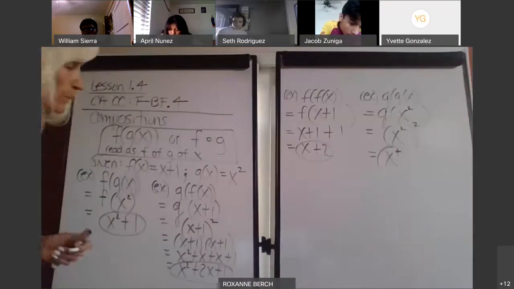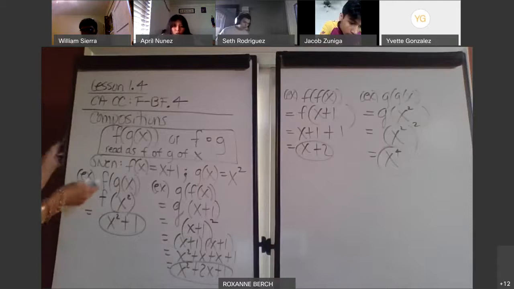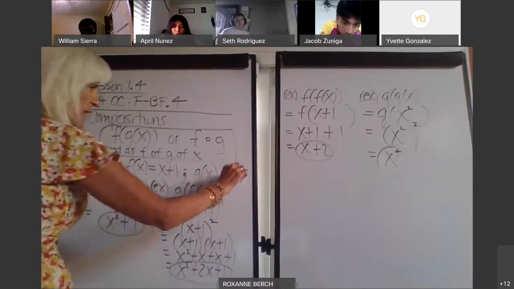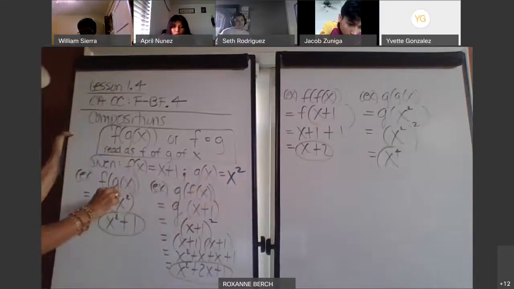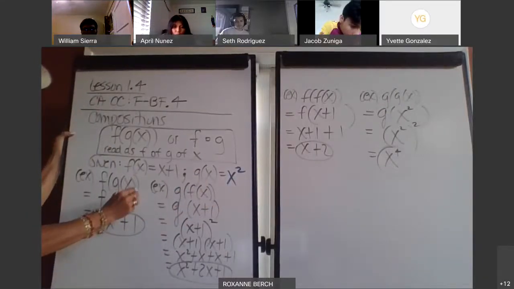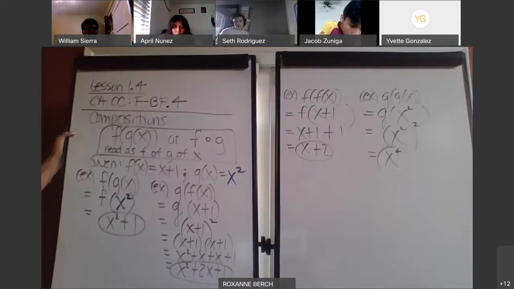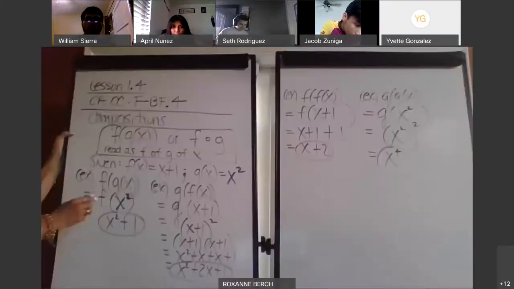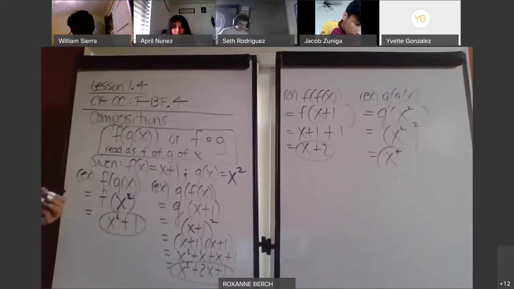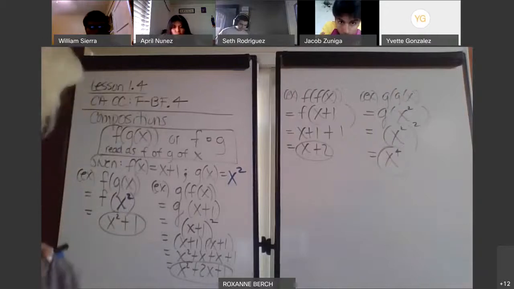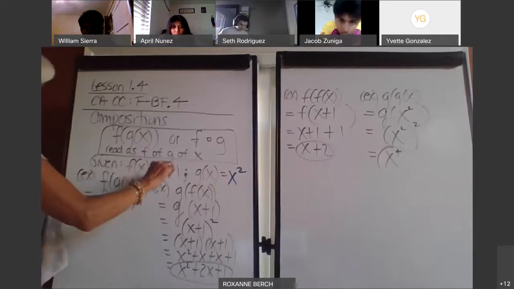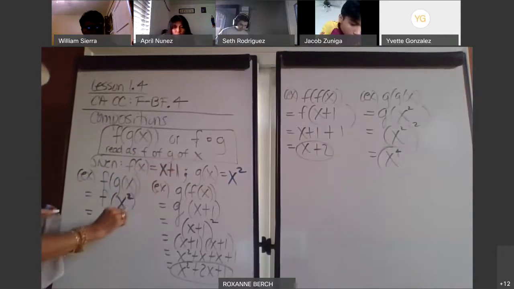I'll do it in color. You work from the inside out. So see the g function? You take it out and you put in x squared. Do you see that? Yeah, I see that. All right. Now what you have is you have f of x. So now you're dealing with the f function. So the f function says to take something and add 1.